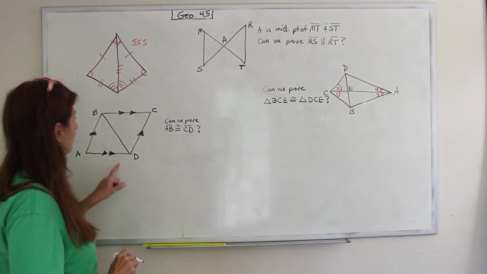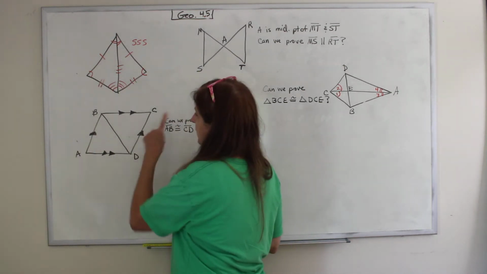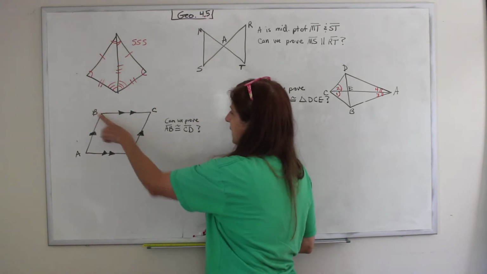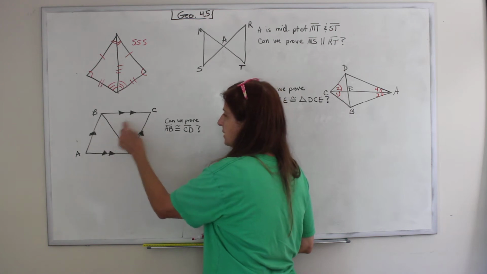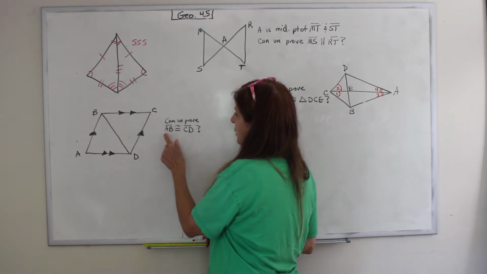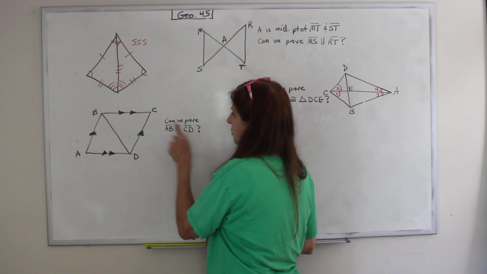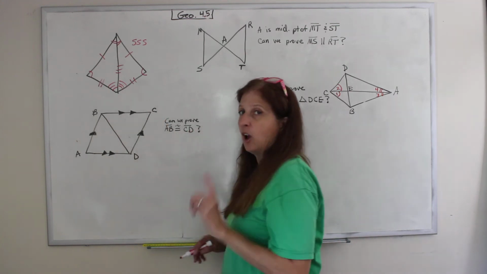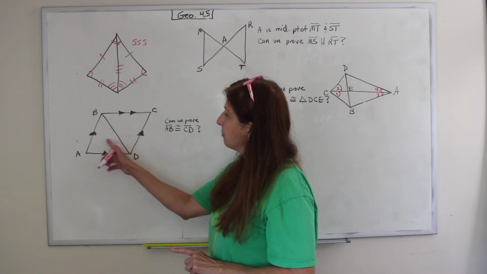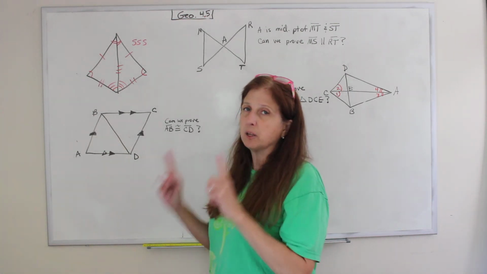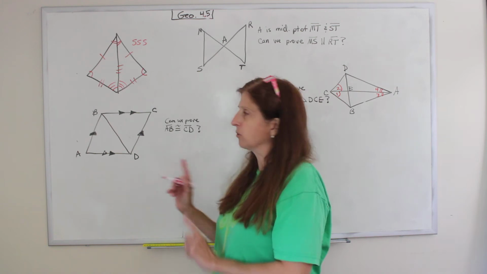How about this one? Here we've got these two lines are parallel and those two lines are parallel, and we have this transversal, which makes two triangles. Can we prove line AB is congruent to CD? We can, because we can prove these triangles are the same, and then use corresponding parts of congruent triangles are congruent.